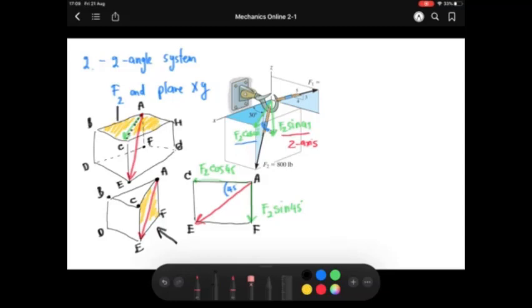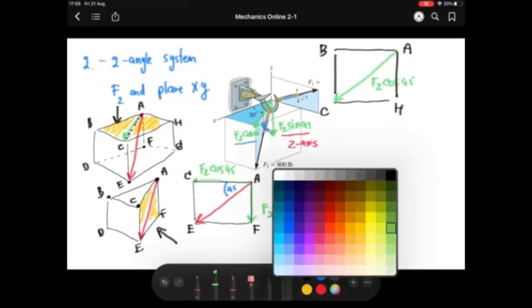So if I look down on this plane again, I will have the rectangle A, B, C and H, which has this vector F2 cos 45.